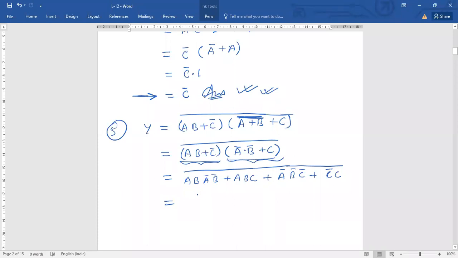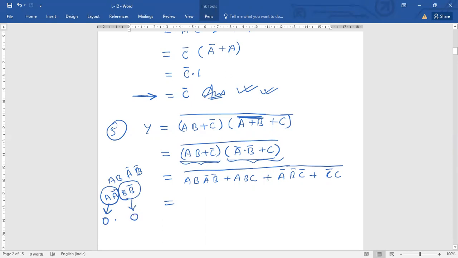So what you can see here, ये जो टर्म है A B A bar B bar, so here हम चेंज करके लिख सकते हैं. We can write it as A A bar and B B bar. Okay, now what is the value of A A bar? The value of A A bar is equal to 0 and value of B B bar is also equal to 0.